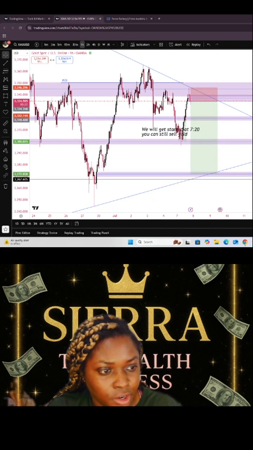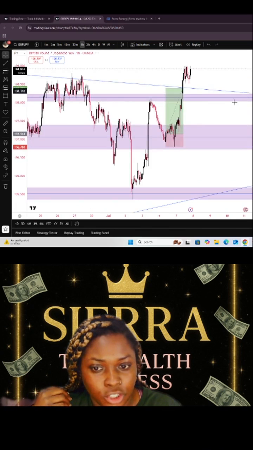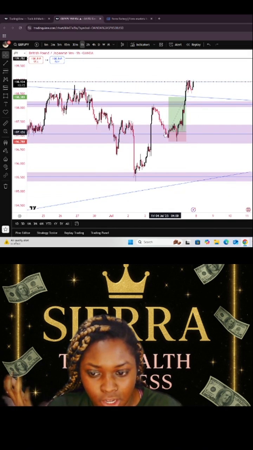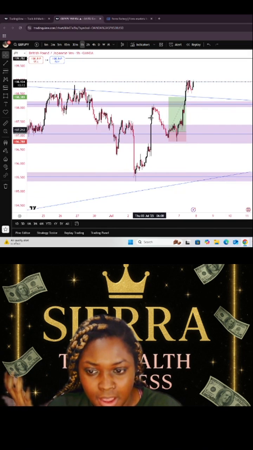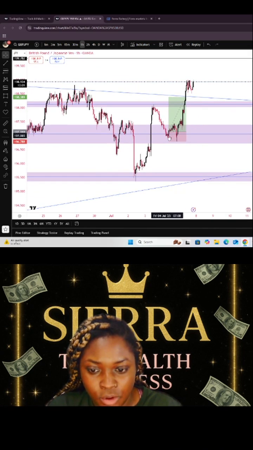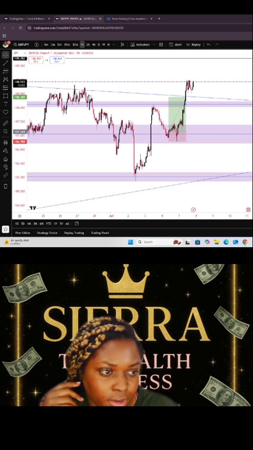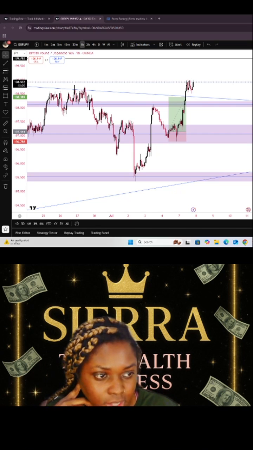You're just looking for ways to break the chart up, okay? So here, I had a zone. I had a fair value gap. I looked for an impulse, right? I got a correction back to my zone. I got my price action signals, and then I took it to my next zone. Their entry and exit areas. So that's how you break the chart up.